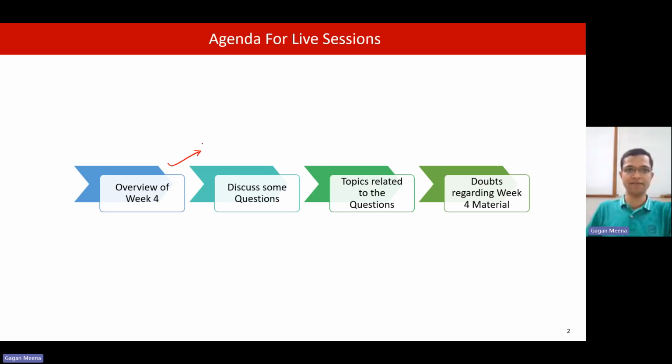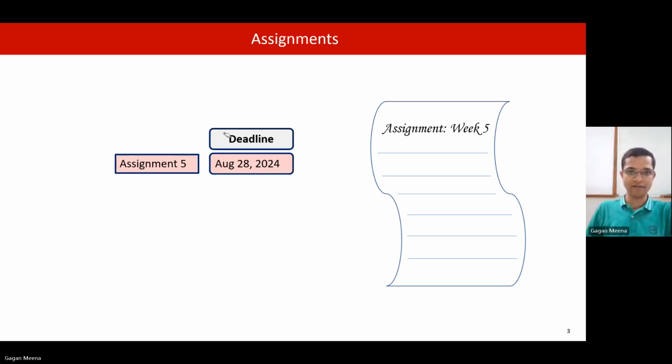Today I may shift a little bit from this agenda because I will start with one problem to explain the ED problem, the economic dispatch. We will solve that problem and use it for discussing economic dispatch.